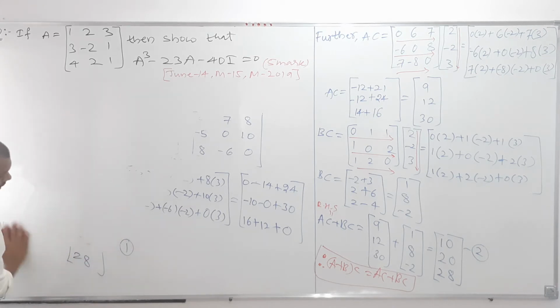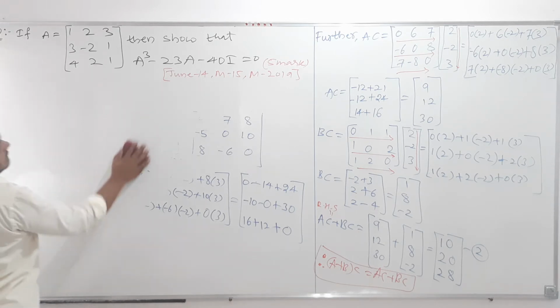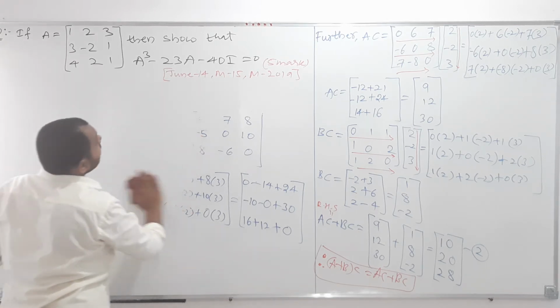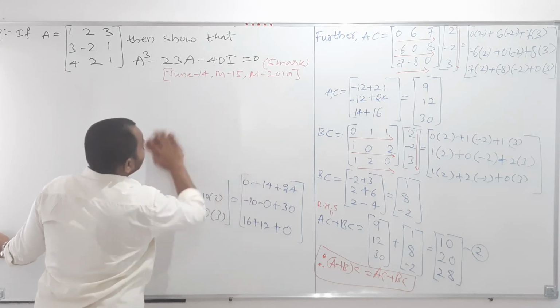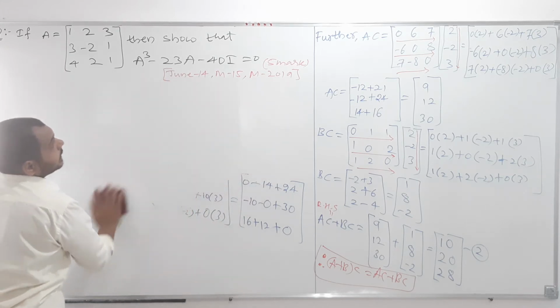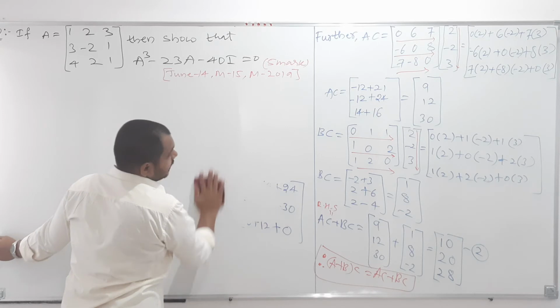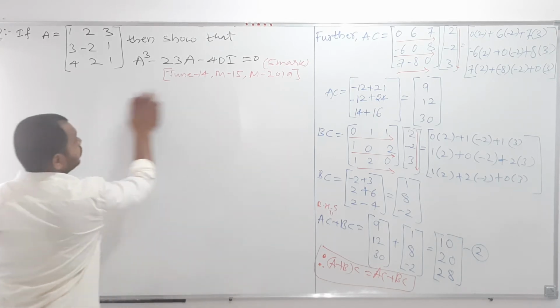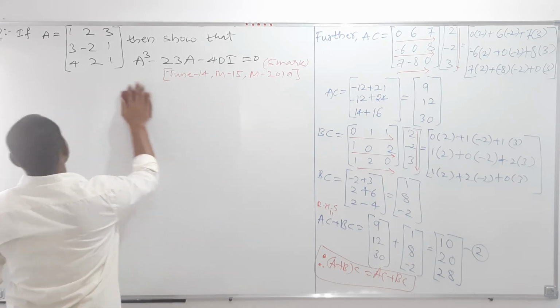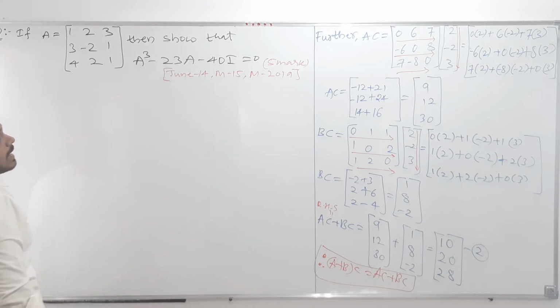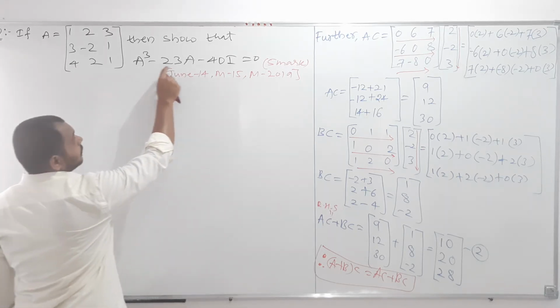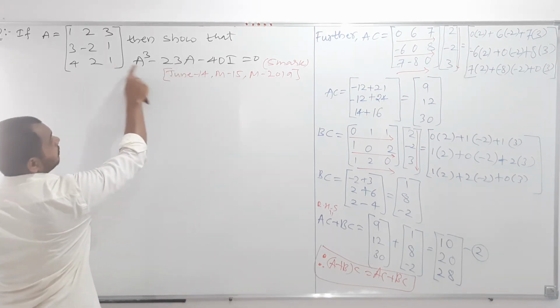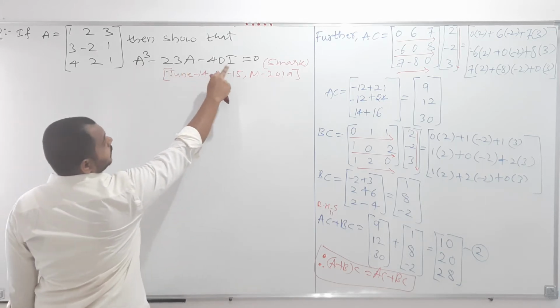What they asked, my dear students, is that they gave you only one matrix, that is A, and we should show that A cube minus 23A minus 40I equals 0. So first we should know the value of A cube. After calculating the A cube value, we will multiply minus 23 with the matrix A and 40 with the I.